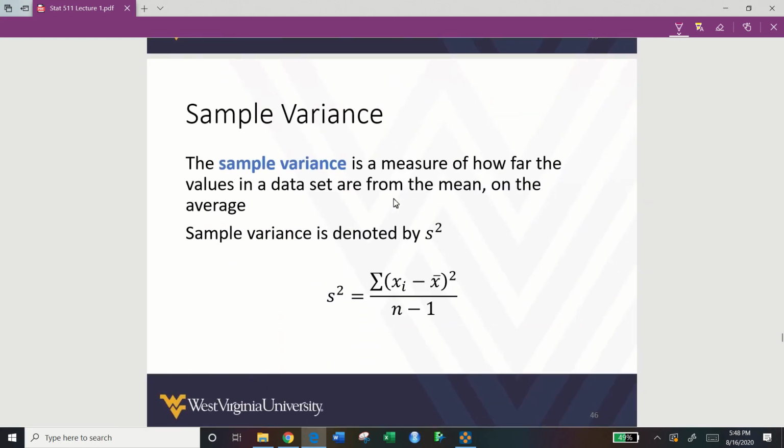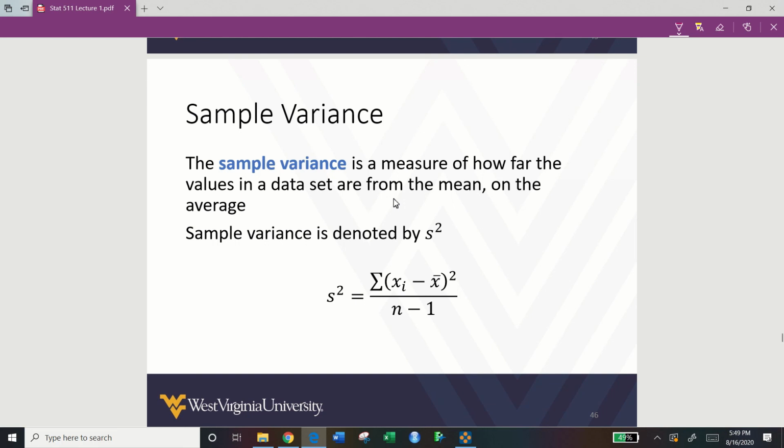Another measure of spread that is very useful and something we use a lot in statistics is called the variance. So the sample variance is a measure of how far the values in a data set are from our mean on average. So the sample variance is denoted with a lowercase letter s squared, and it is equivalent to the summation of the quantity xi minus x bar, quantity squared, all over n minus 1.